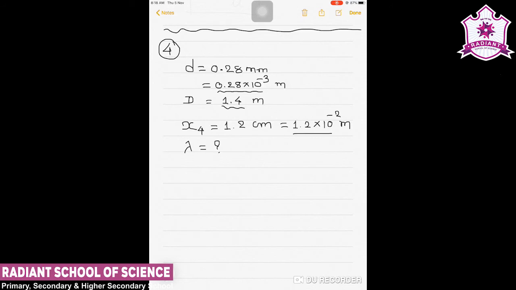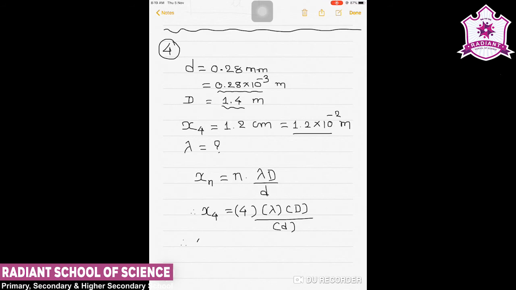We follow the position of the n-th bright fringe. We can say that xn is equal to n lambda D over small d, and on the basis of that, for our fourth bright fringe, we can put all the values: D is given as 1.4 and small d is 0.28.